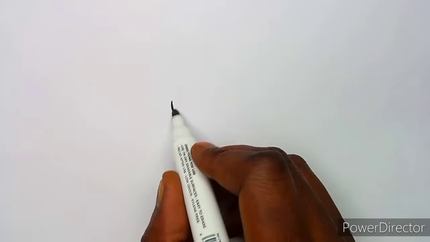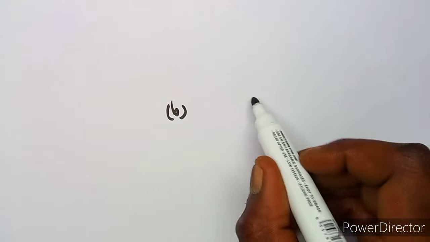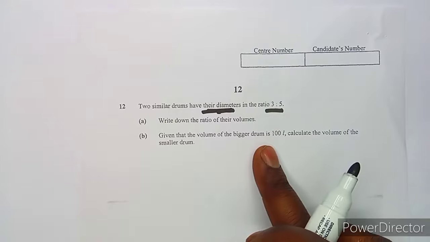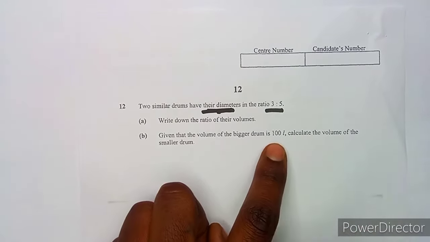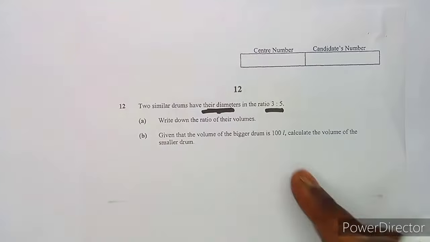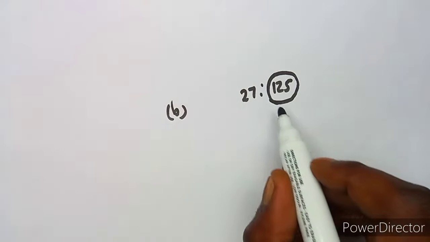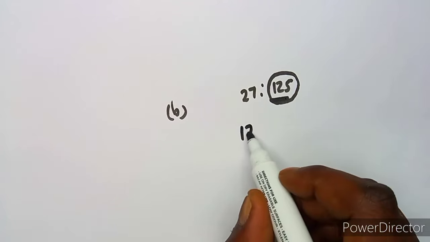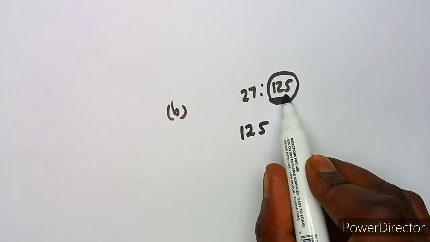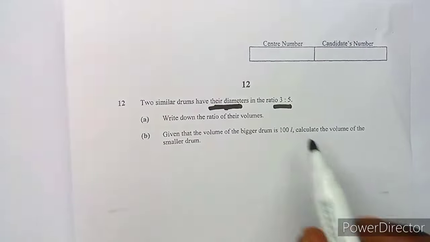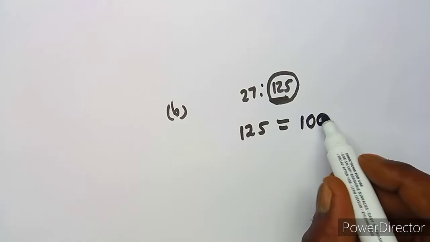So from our volume factor that we had, which is 27 as to 125, we are now given that the bigger container, the bigger drum, has got 100 liters. The bigger one is the one that corresponds with the bigger ratio here. So according to ratio, the bigger drum has got a volume of 125, but its volume in actual sense is 100 liters. Remember, liters capacity is volume.